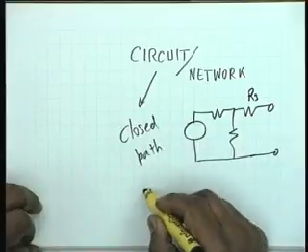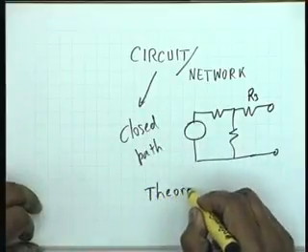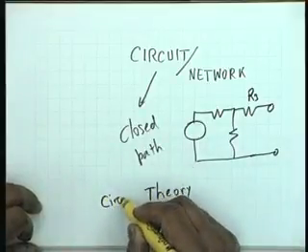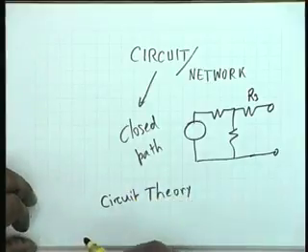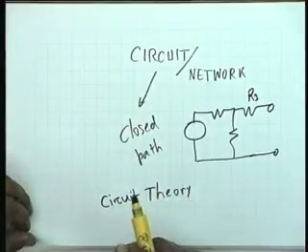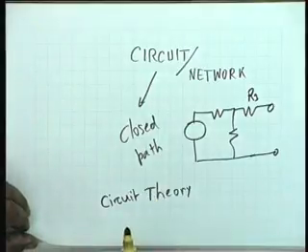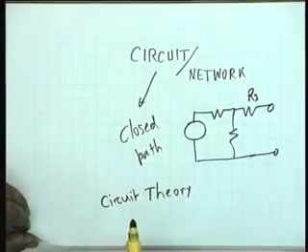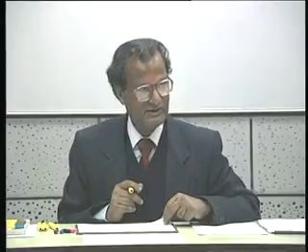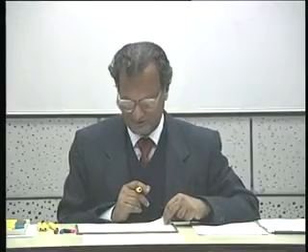Our course is concerned with circuit theory. It should have been more properly called network theory, because we shall consider networks which are not necessarily circuits, all right. And I have already given you the example of a transportation network, where there are circuits, and there are non-circuit networks also.